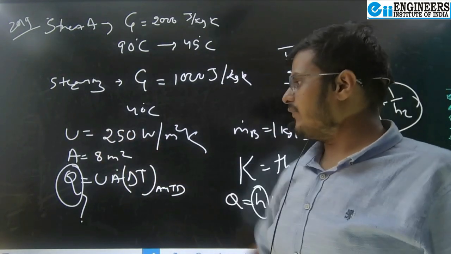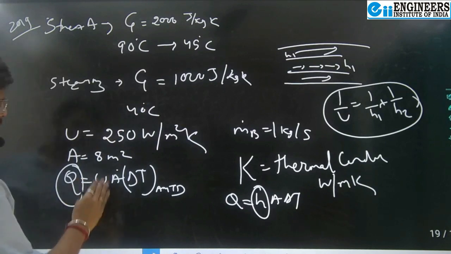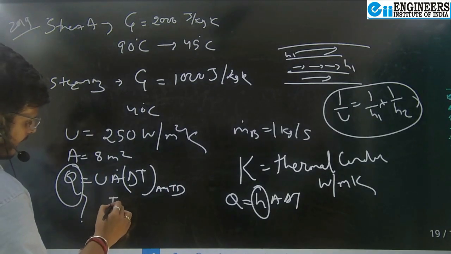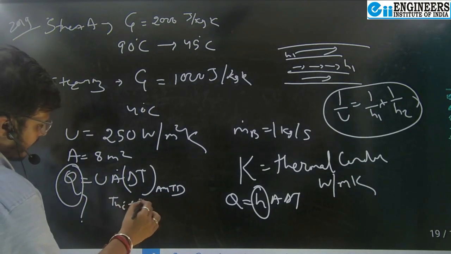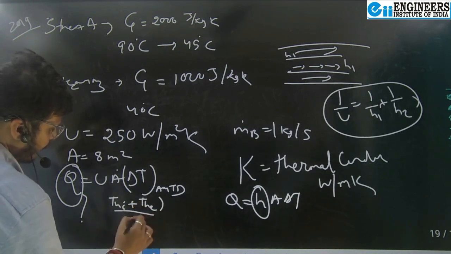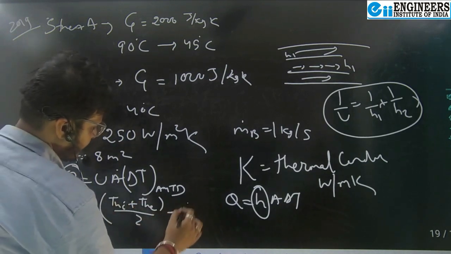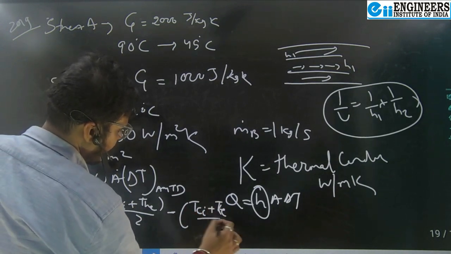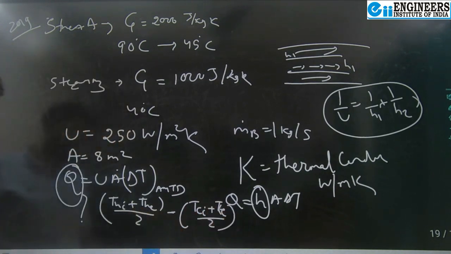So U is given. You know that Q equals UA delta T AMTD. The AMTD equation is also known to you. That is, (THI plus THE) by 2 minus (TCI plus TCE) divided by 2. Okay, this is known to you.